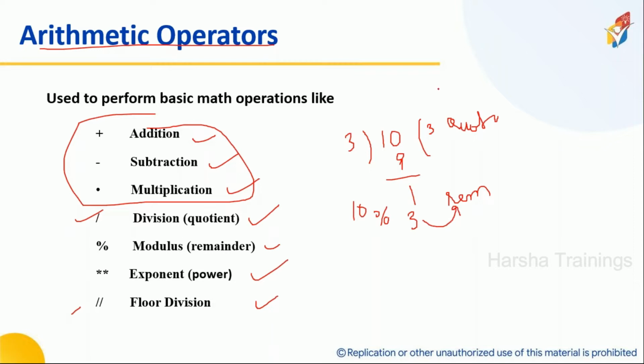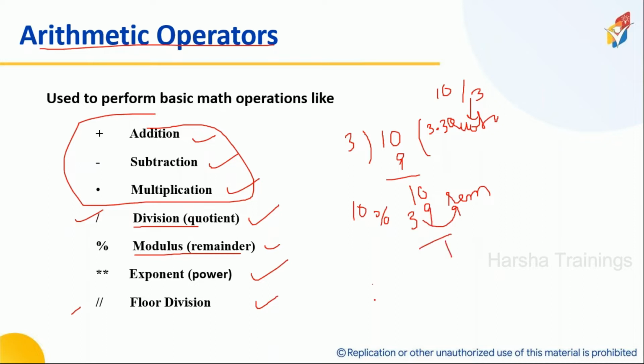Now 10 slash 3 is nothing but division. This will give you the quotient. Clear? What is the difference? Division always gives the quotient value, and modulus, also called the remainder, will give the remainder. If I go one more step, I put 0 here and this process continues, giving 3.3.